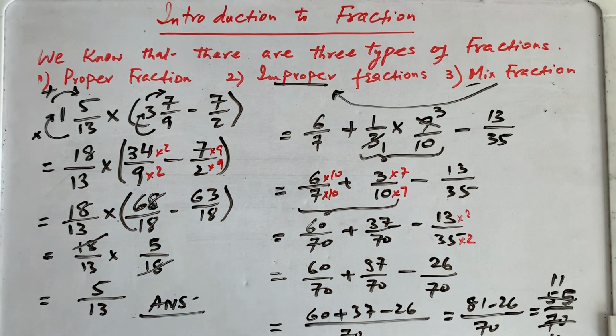And for addition and subtraction, we have to make a common denominator, and subtract or add the fractions. And for division, we can flip the fraction, change the division sign into multiplication, and then we can reduce the fraction with the common factors into the simplified form.